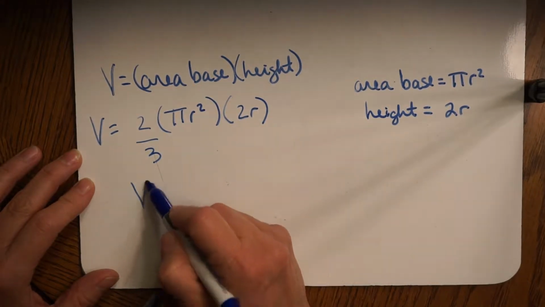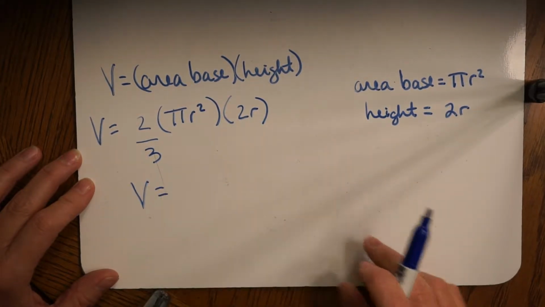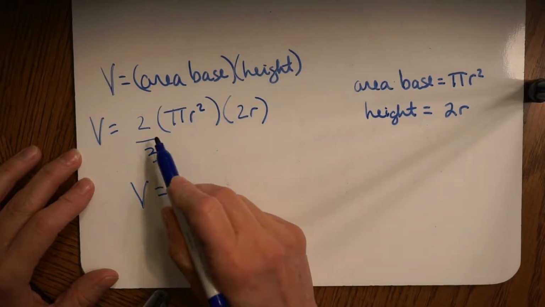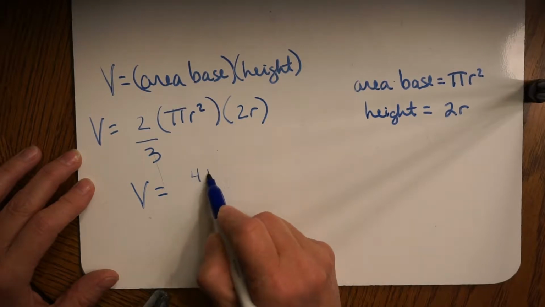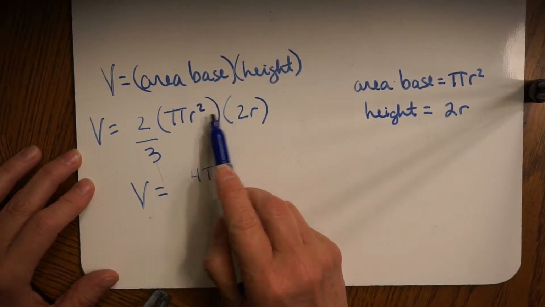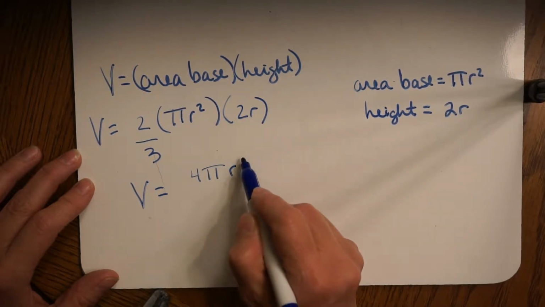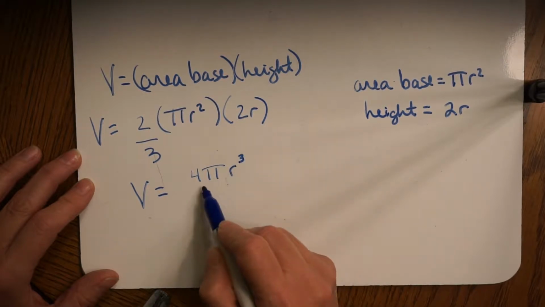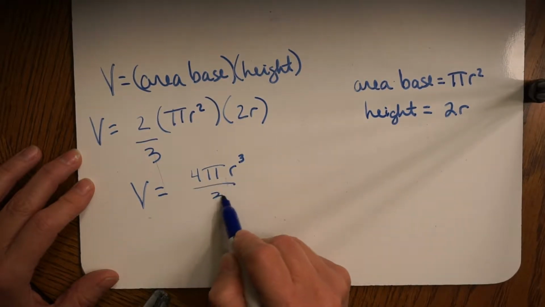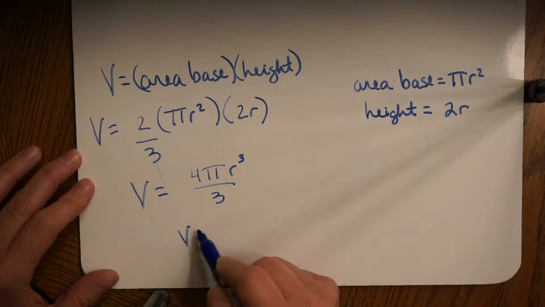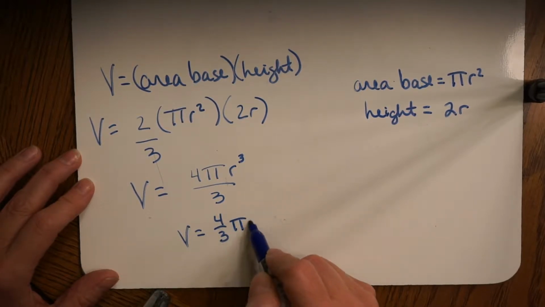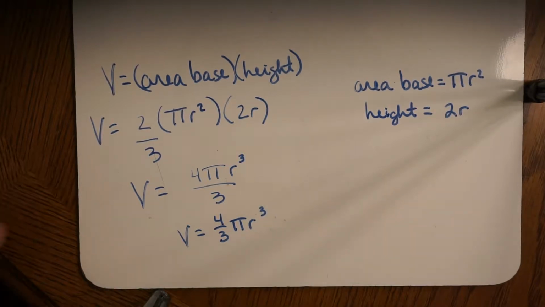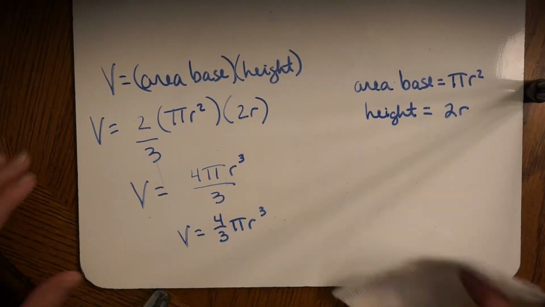And we're going to find that the volume of a sphere then is going to be 2 times 2 is 4 pi, and then r squared times r is r cubed, and then all divided by 3. And then another way to write that is simply volume is equal to 4/3 pi r cubed. All right.